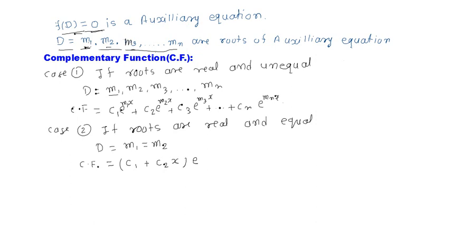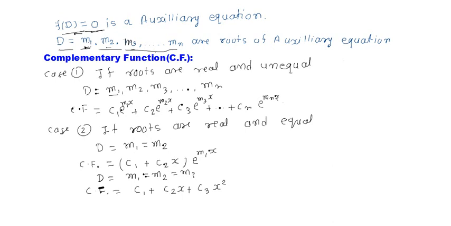So write here e raised to the real roots: m1 x or m2 x. If three roots are equal, meaning m1 equals m2 equals m3, then the CF is: see three constants C1, C2 and C3, plus multiply here x, the independent variable, so in increasing order multiply here x squared.